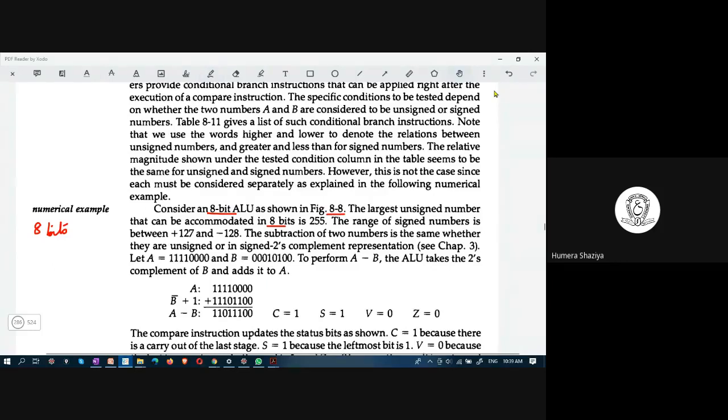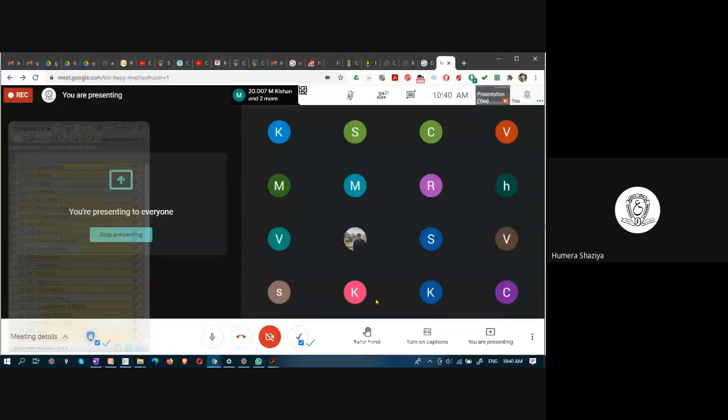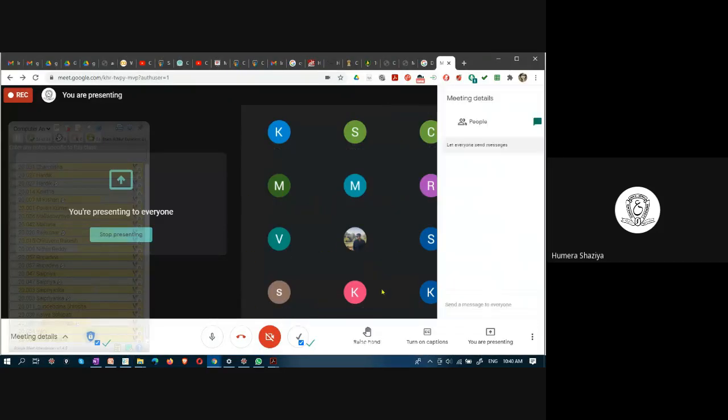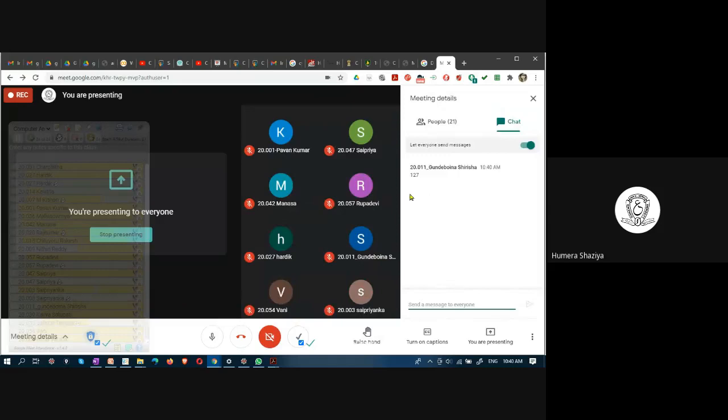Unsigned number means it is a positive number. 1, 2, 3, 4, 5, 6, 7. 127. Why are you saying 127, Sirisha? What is the basis?